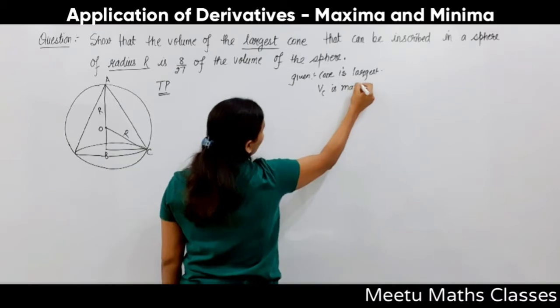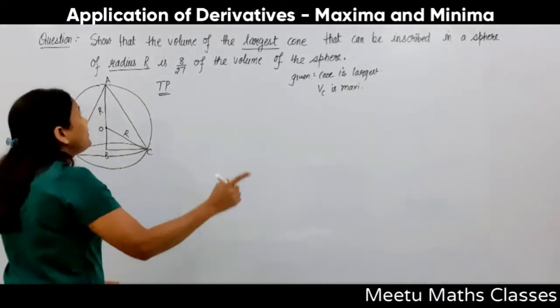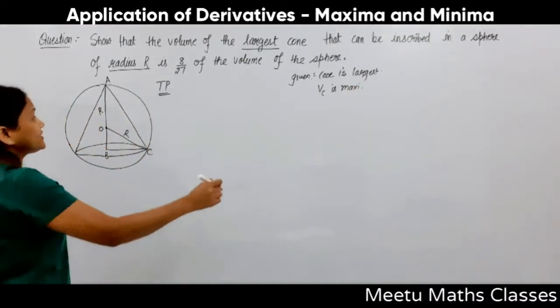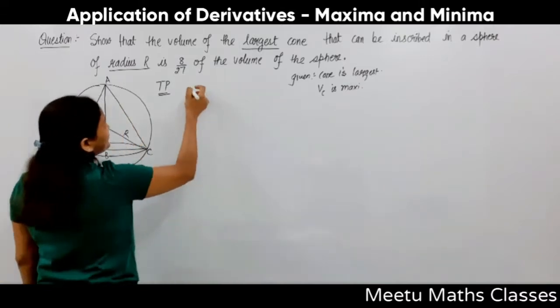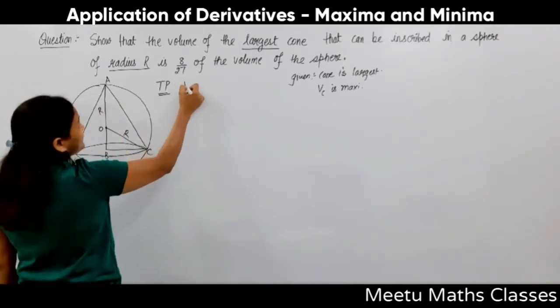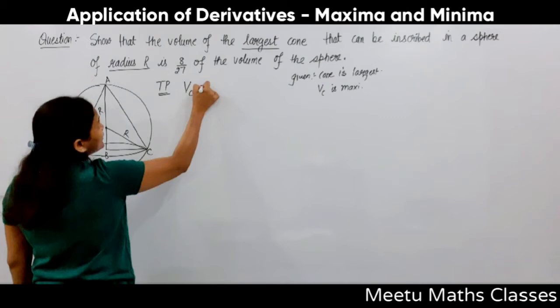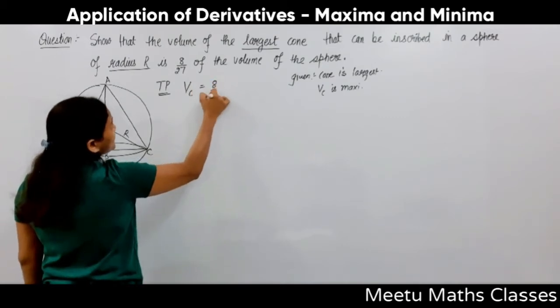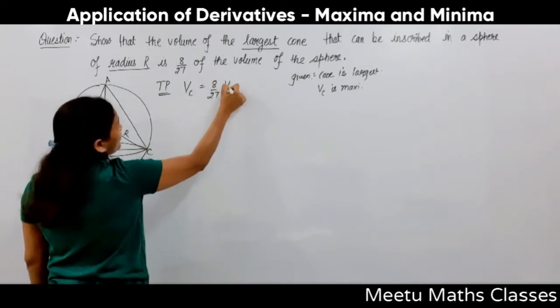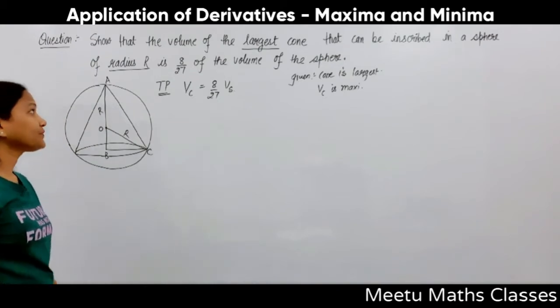So we are going to use this. And if the volume of the cone is maximum, then we have to prove that the volume of the cone is 8 by 27 of the volume of the sphere.